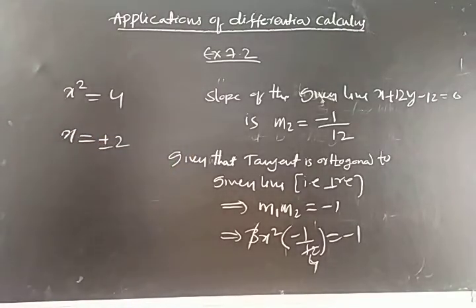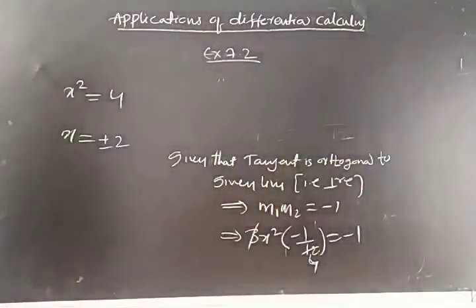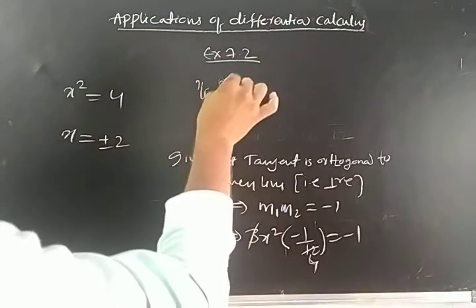So we have to find the point. Why? Because we need the equation of the tangent, and for the equation of the tangent we need a point. So for that I am substituting x equal to 2.